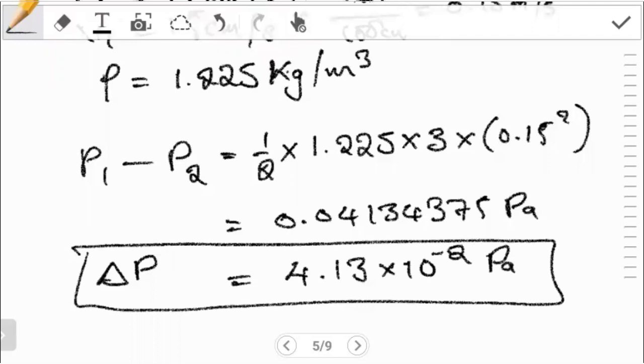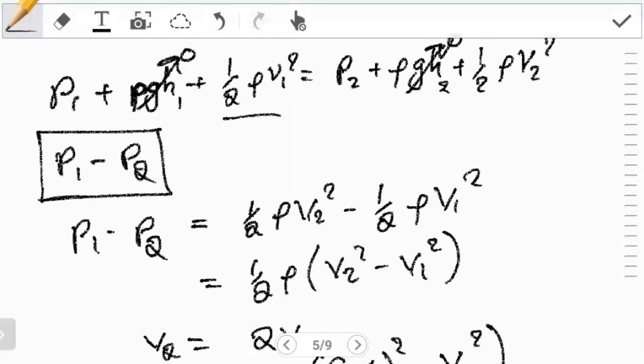But you'll find that there will be other questions where you have to keep the potential term as well, meaning that the height will not cancel out like the way it did here. Most likely it might cancel in one place, but it might not cancel on the other side as well. So you have to keep an open mind to that.